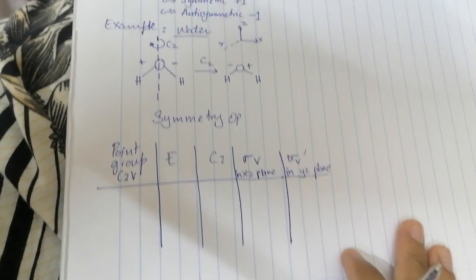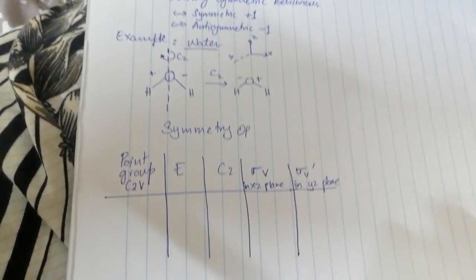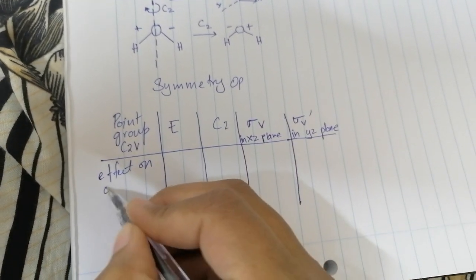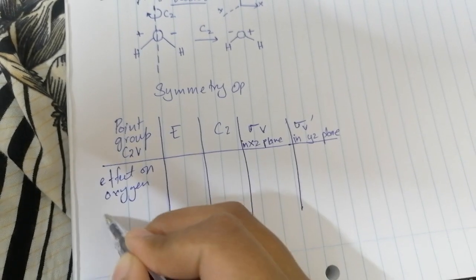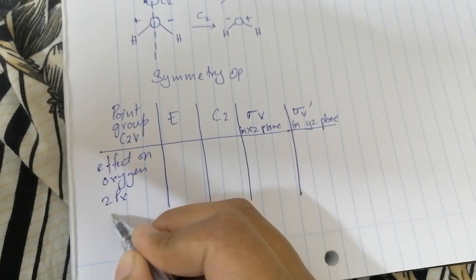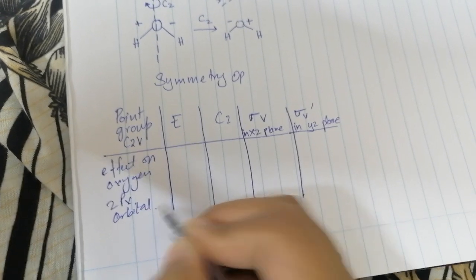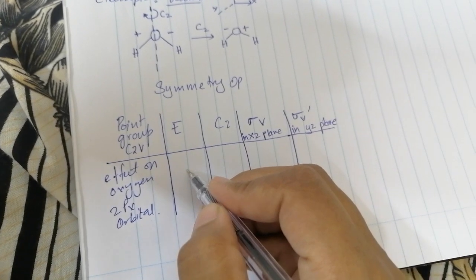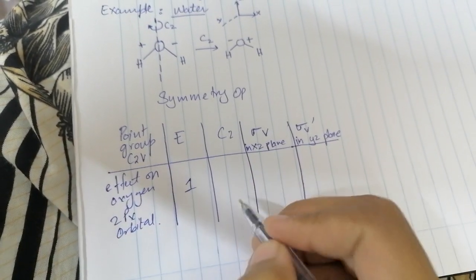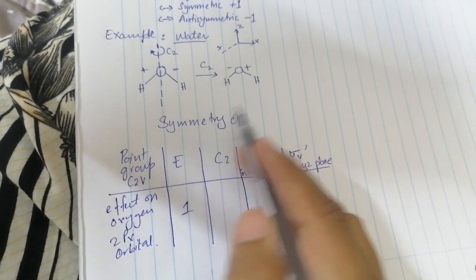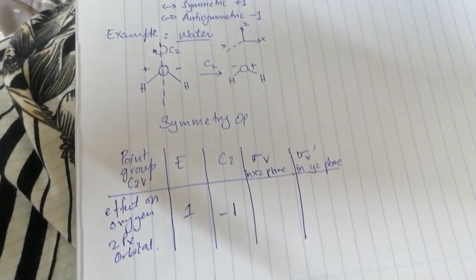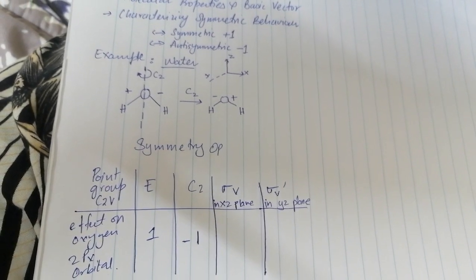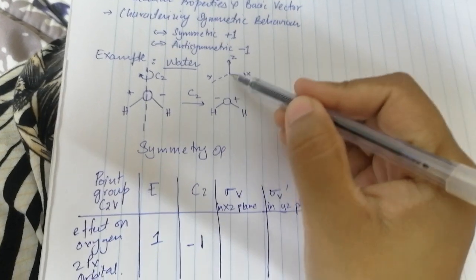We are looking at the effect on the oxygen px orbital. This is unaffected, so we give it a positive character. This one we said is antisymmetric, so we give it a negative character. We said this is the ZX plane and this is the YZ plane.